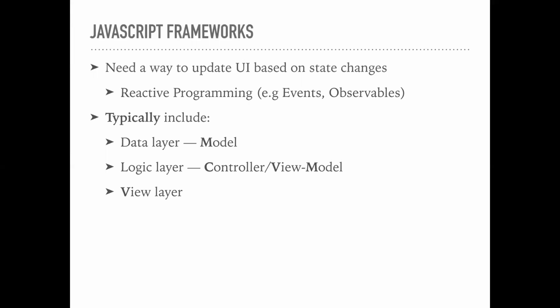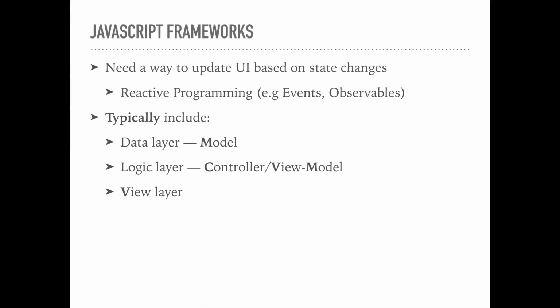A typical framework includes 3 layers. A data layer, which is your data. For example, in the previous class, we created movies, right? Your data model is basically a movie. Then you have a logic layer. There are different mechanisms. One is called MVC, Model View Controller, and MVVM, Model View View Model.